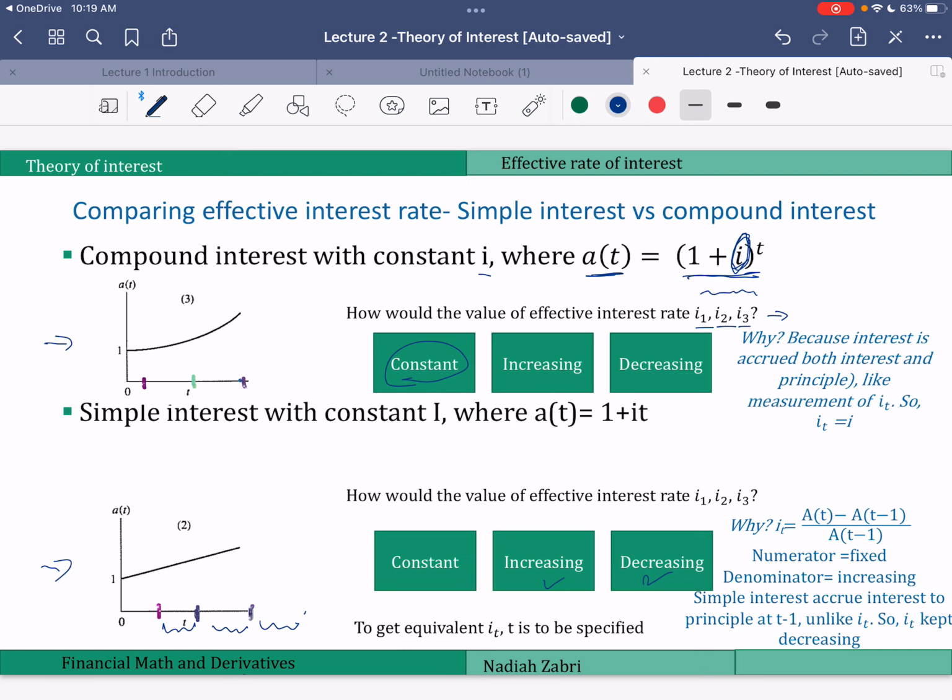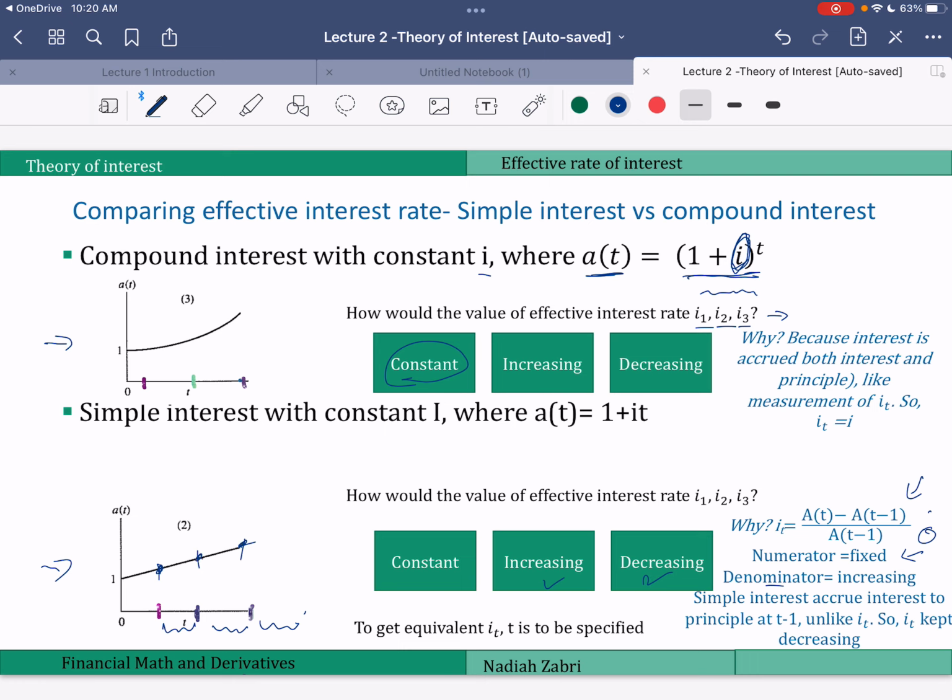Why? This is how we calculate the effective rate of interest, right? The interest earned over the amount at the beginning of the period. The interest earned in a simple interest case is going to be a flat, fixed amount. Every single period, the increase is the same. So the numerator is flat, but the denominator, the beginning value, keeps on increasing.